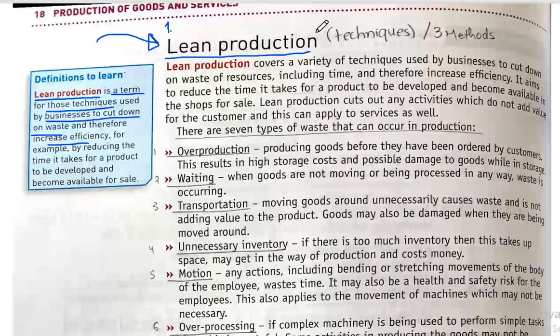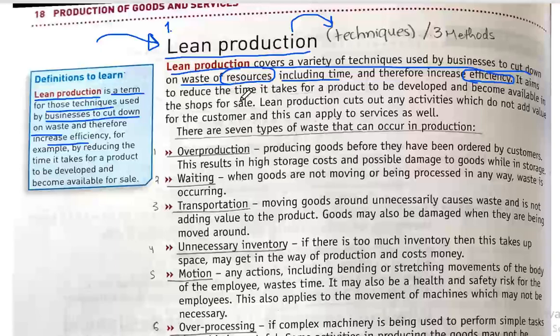Lean production has several techniques to be used in production. It covers a variety of techniques used by a business to cut down what? To cut down waste of resources or inputs, including time and money and energy and so on, and therefore it increases efficiency. So no wasted resources, and definitely I will achieve efficiency.